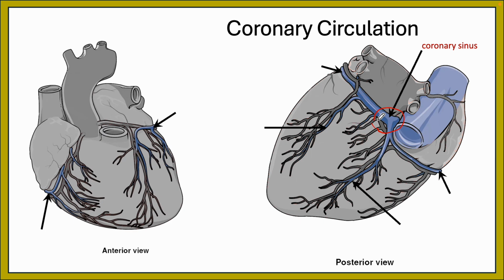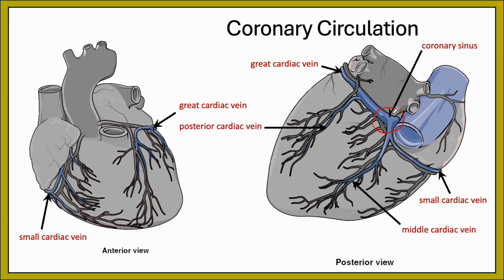Some of the larger branches that go into the coronary sinus include the great cardiac vein. It starts over here on the anterior side along the interventricular sulci, goes around, and then goes parallel to the coronary sulci and meets at the coronary sinus.